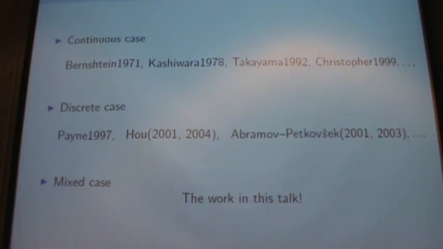In the discrete case, one key result is the Ore-Sato theorem, which describes the structure of a multivariate hypergeometric term. With this structure theorem, we can prove the conjecture. So the natural question is whether we can have a structure theorem in the mixed case. But I have already shown this before.